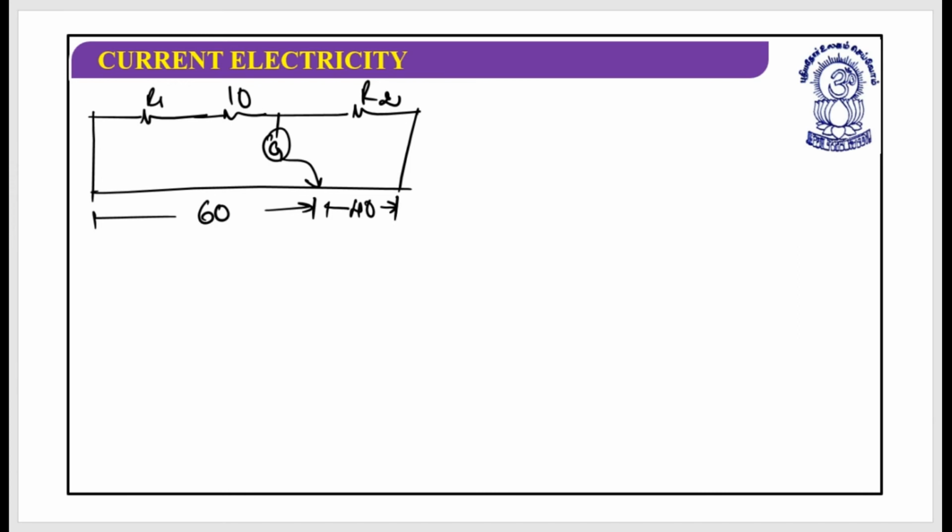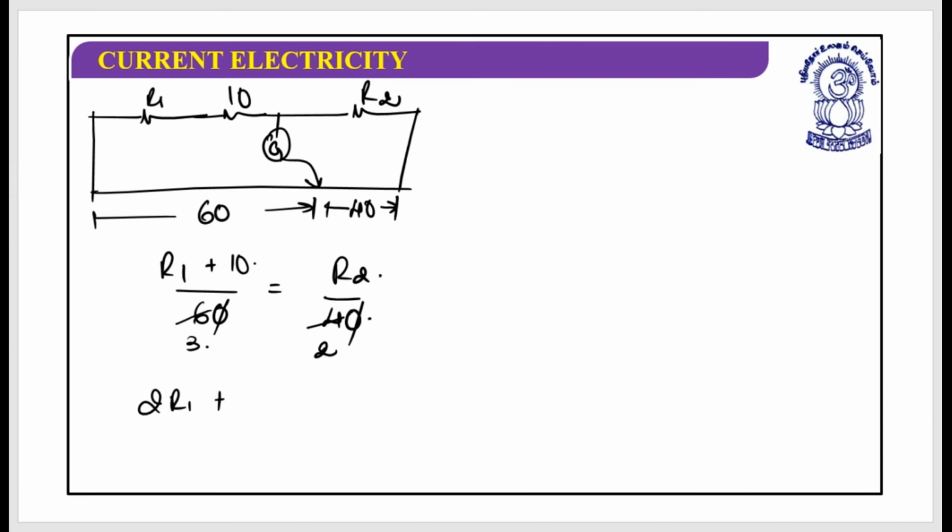So R1 plus 10 divided by 60 should be equal to R2 divided by 40. So this is 2R1 plus 20, that should be equal to 3R2.